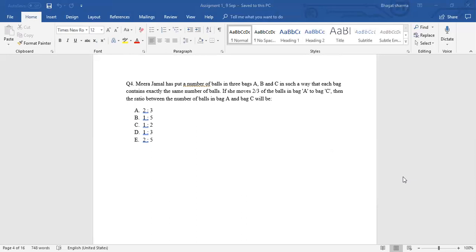So I got answer B from all of you. Okay. Adhish, would you like to share how you solved it? So I took the value of A, B, and C to be 3.